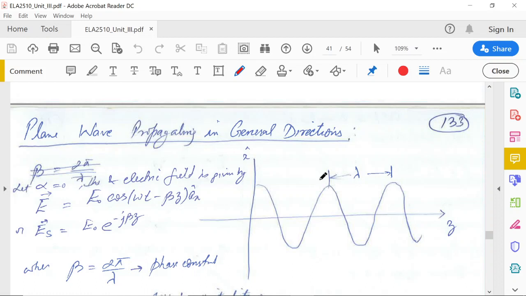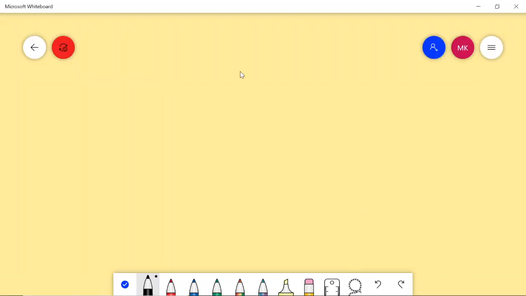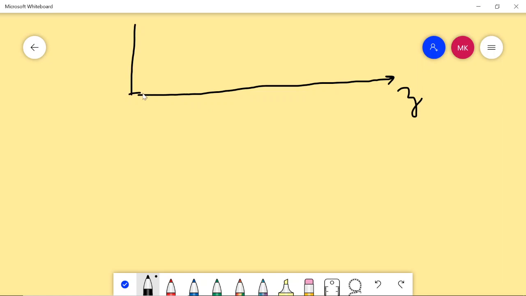So to understand the plane waves propagating in general direction, let me use this whiteboard. So what we have, for example, a wave is propagating in z direction. So let this be the z direction, and these are the other two axes here.